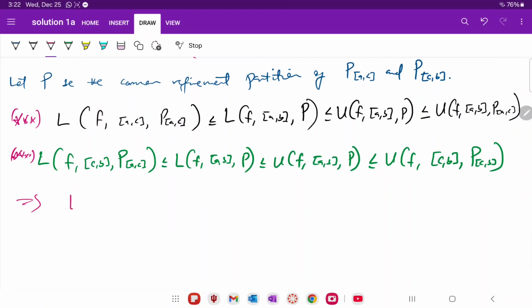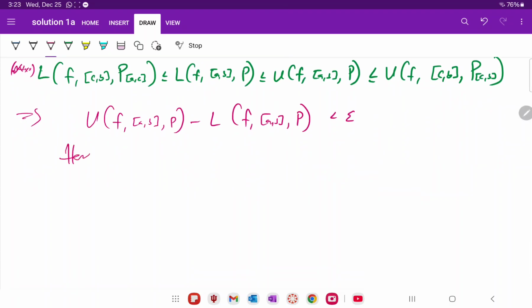So that implies that the upper Riemann sum on [A, B] with P minus the lower Riemann sum on [A, B] with P is less than epsilon, and hence f is Riemann integrable on [A, B], and that completes that part.